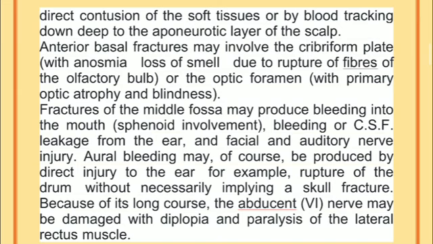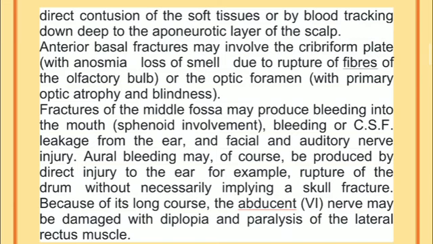Fractures of the middle cranial fossa may produce bleeding into the mouth. So in such a case, there is involvement of the sphenoid bone. The sphenoid bone might be the one that is fractured. You could also have bleeding or cerebrospinal fluid leakage from the ear, and facial and auditory nerve injury.